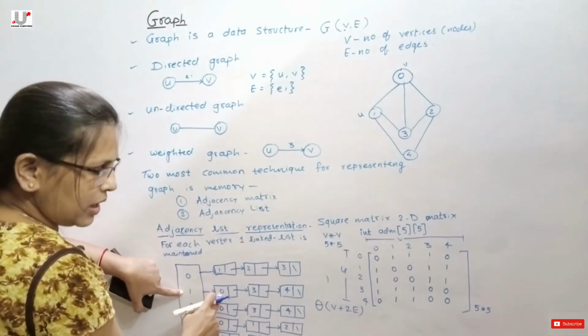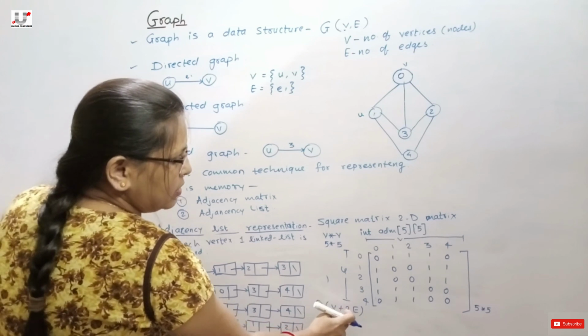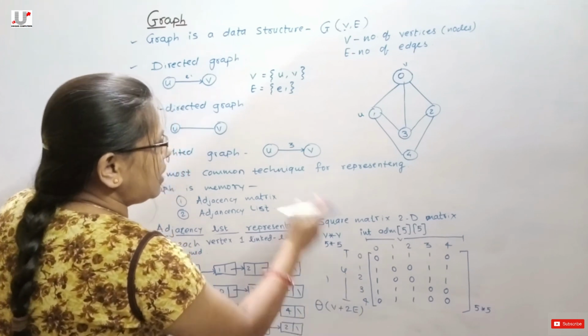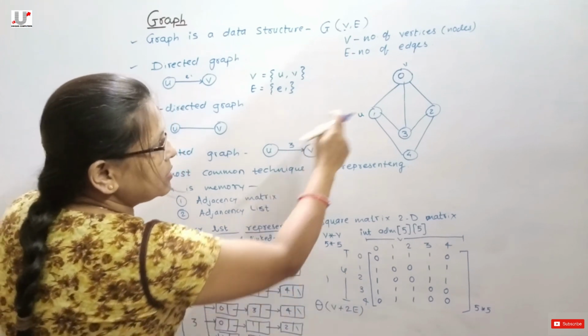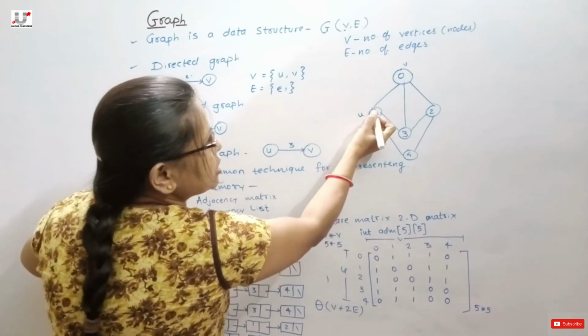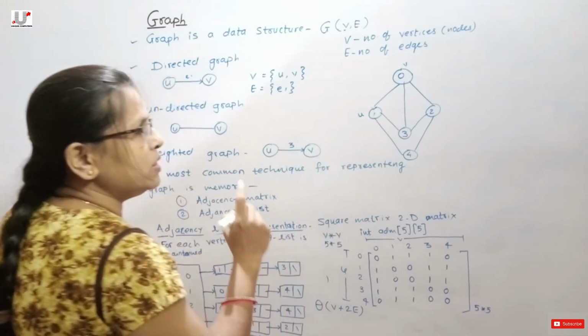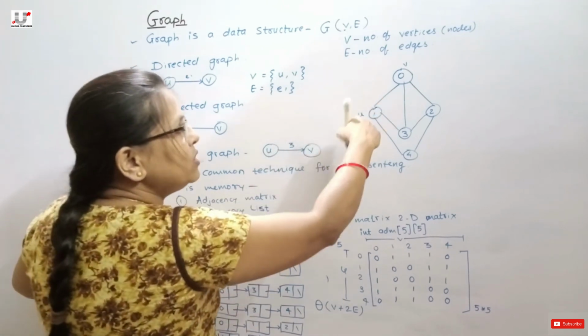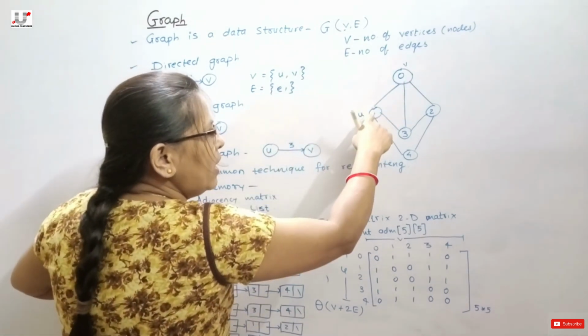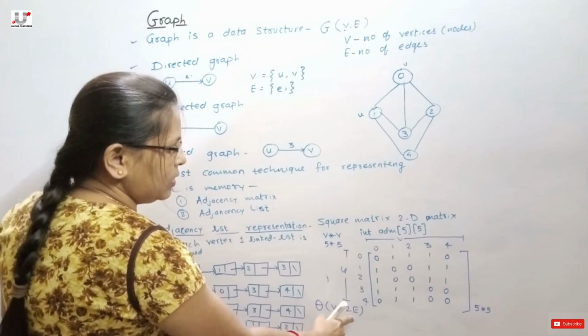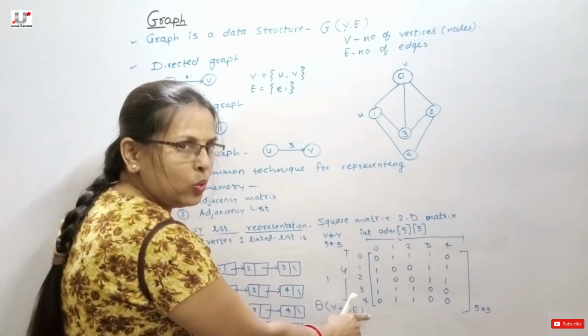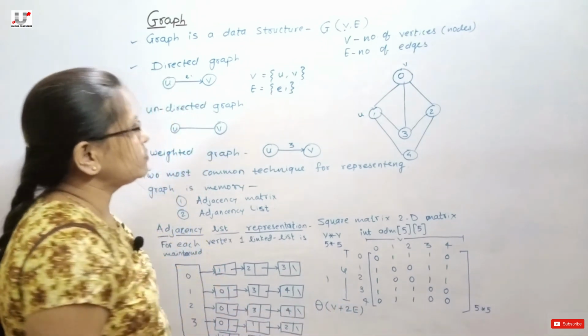Since no direction is given, we can traverse in both directions, from 0 to 1 as well as from 1 to 0. That's why plus 2E is there.